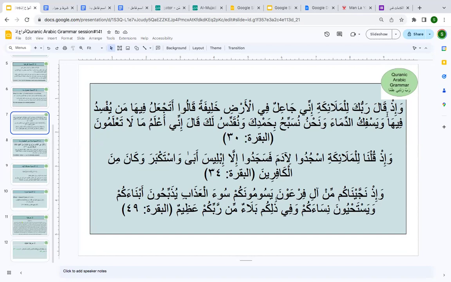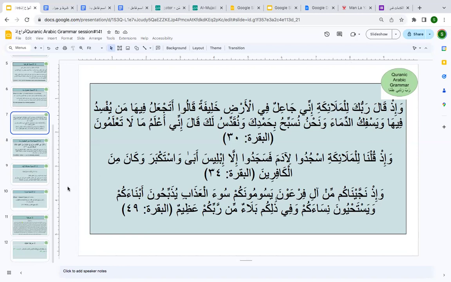Or remember what we said to the angels: you all prostrate to Adam? So they prostrated, except Iblis. He disobeyed and became arrogant and was from the disbelievers. I hope this is clear to each and every one of you.